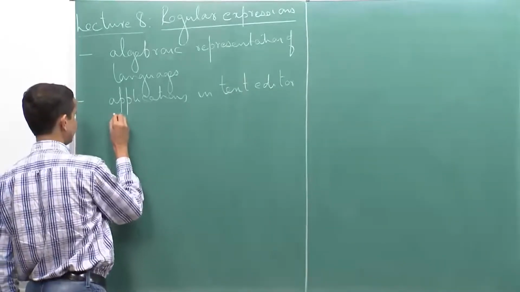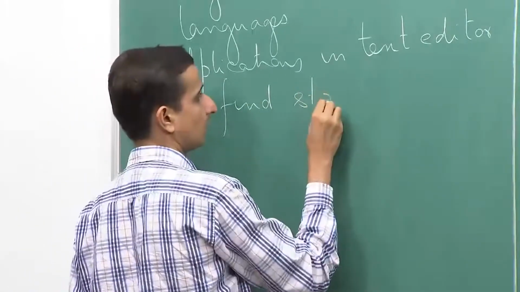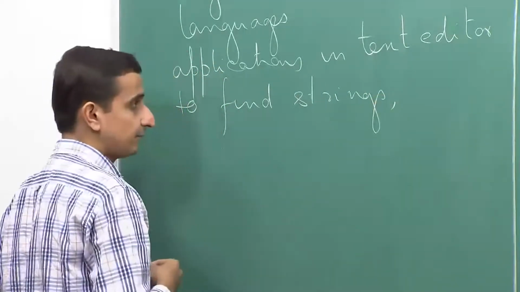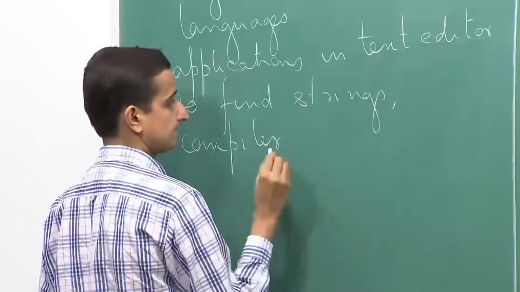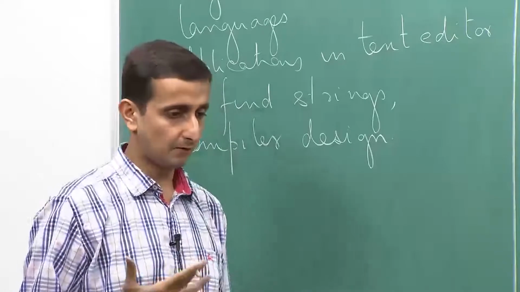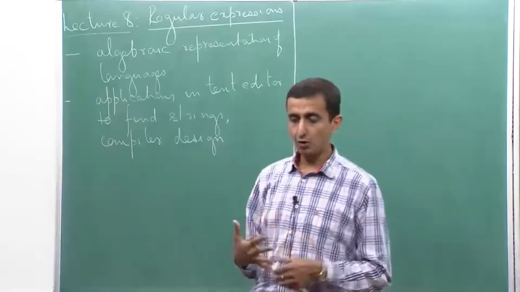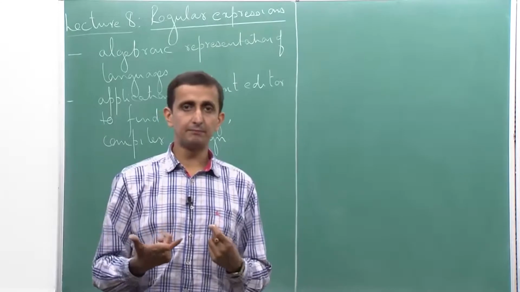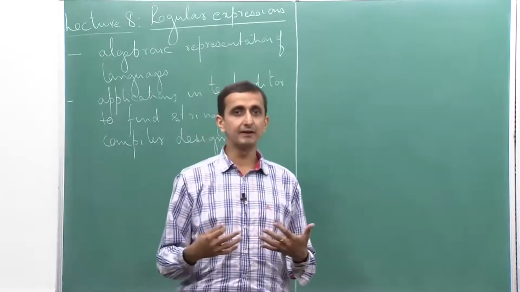So that is one application: in text editors, to find strings. Another example is in compiler design. For example, when you write a C program, we put comments in our C program, and we know that comments are basically pieces of text which are not necessary to compile the program.